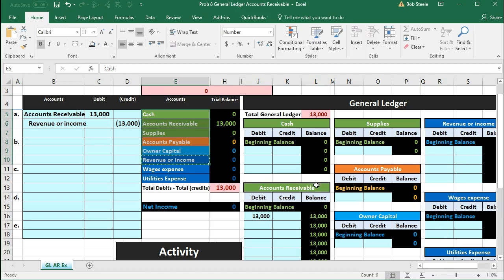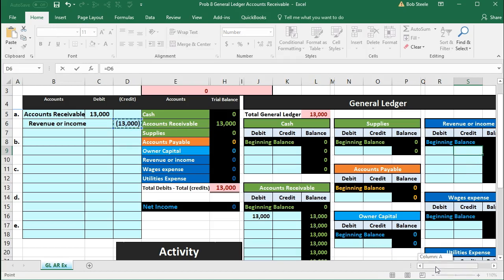Remember, it's in order: assets, liabilities, equity, then revenue. We over here have a credit to revenue. Therefore, we're going to credit revenue over here. So here's the revenue account. We're on the credit side, and we're just going to be right here in cell S9. S9 will say equals. Then I'm going to point to this 13,000.